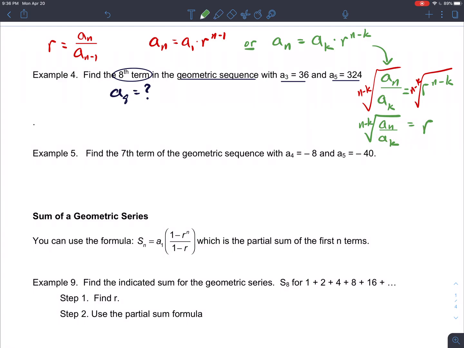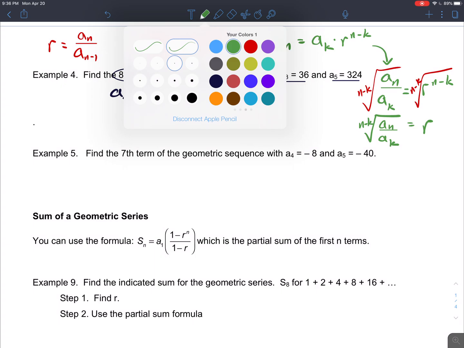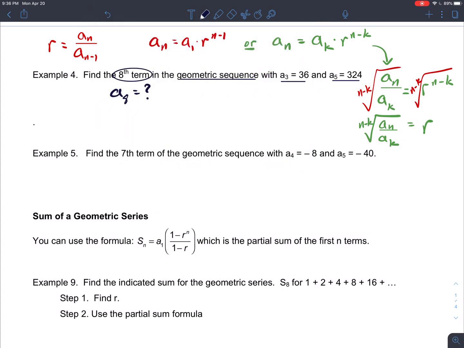If my third term is a sub k and my fifth term is a sub n, then I'm looking at the 5 minus 3 root, since n is 5 and k is 3. The 5 minus 3 root of a sub n over a sub k, where a sub 5 is 324 and a sub 3 is 36.